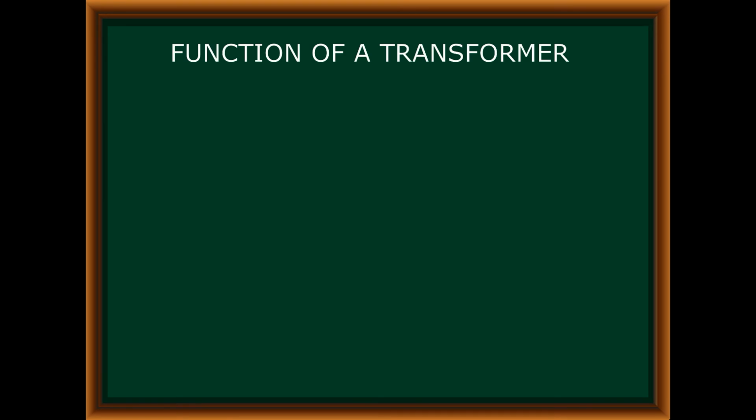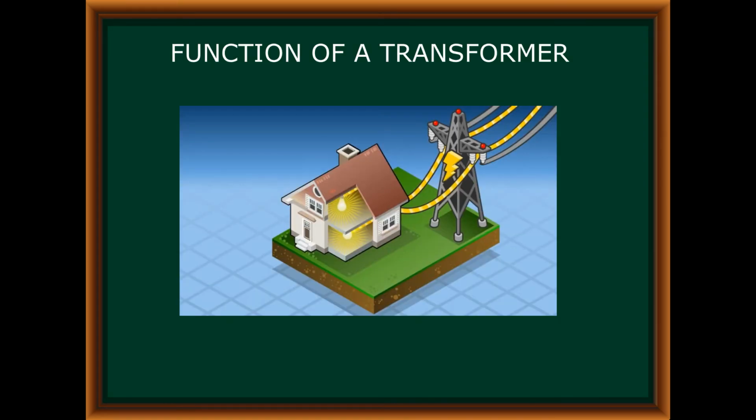Function of transformer. The potential difference from the electrical supply in our homes is 240 volts. This voltage is not suitable for certain electrical equipment.